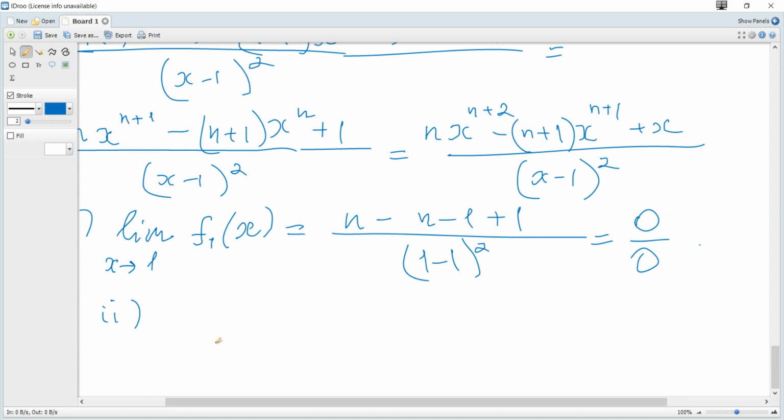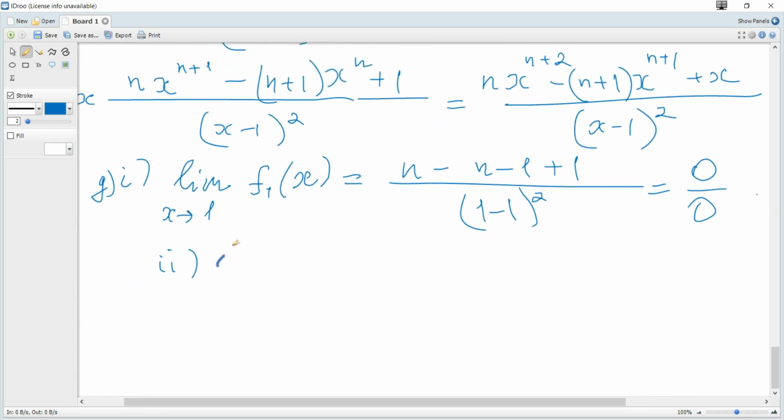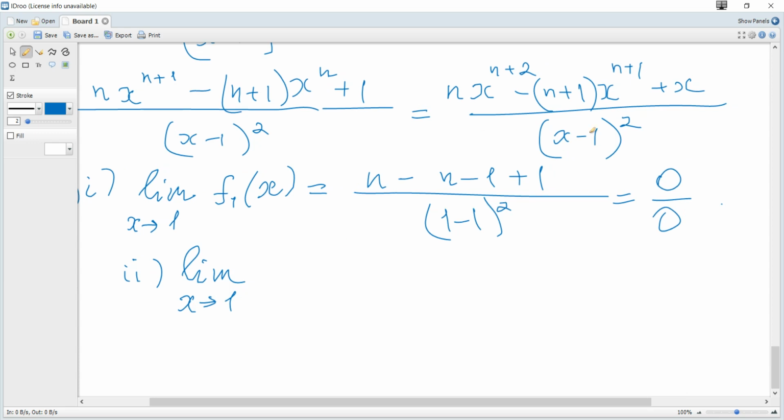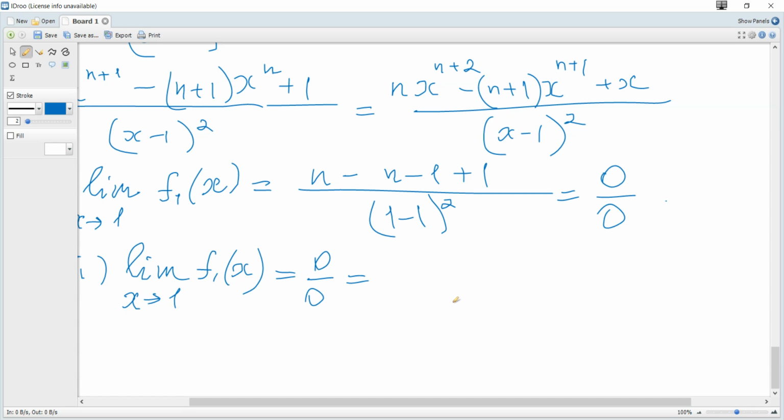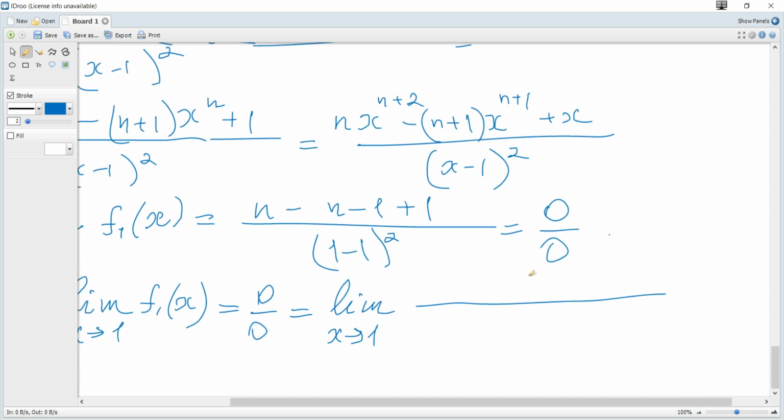And the next: hence, by applying L'Hopital's rule, show that the given limit is a half multiplied by n multiplied by n plus 1. 5 marks. So we need to calculate the limit when x tends to 1 of this function f1 of x, and since it's 0 over 0, we apply L'Hopital's rule. It says that this limit is the limit as x tends to 1 of the derivative of the numerator divided by the derivative of the denominator.